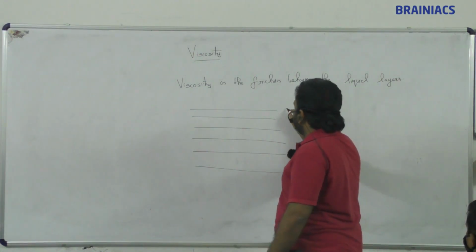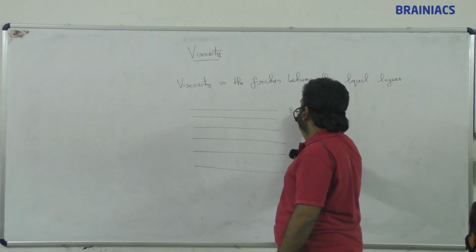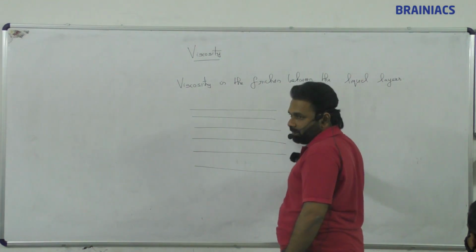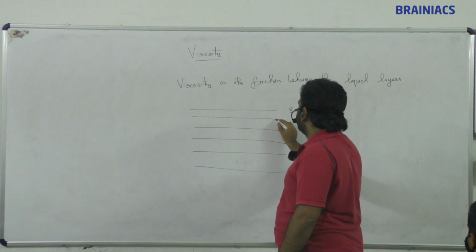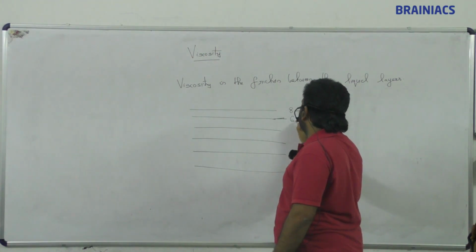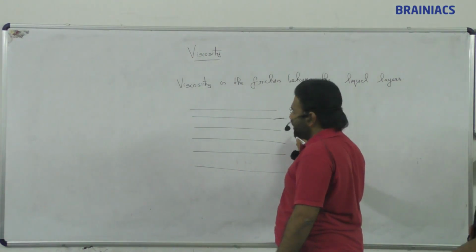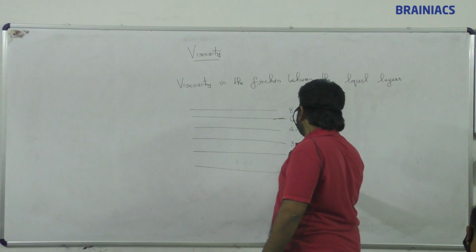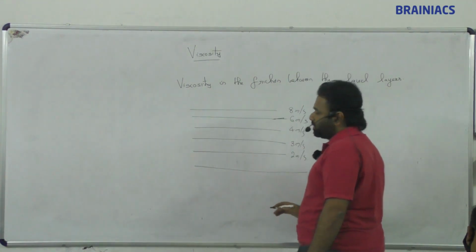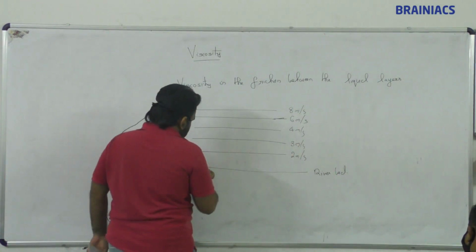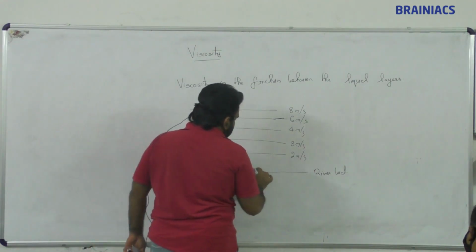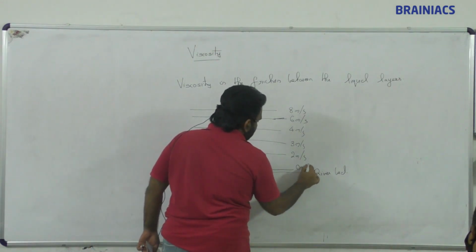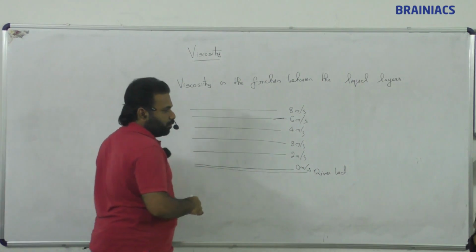This first layer, if it has a velocity of 8 meter per second, the second layer can have a velocity of 6 meter per second, then 4 meter per second, say 3 meter per second, 2 meter per second. Likewise, it reduces. Finally, the layer just above the river bed will be 0.